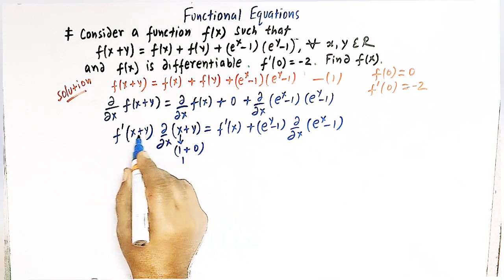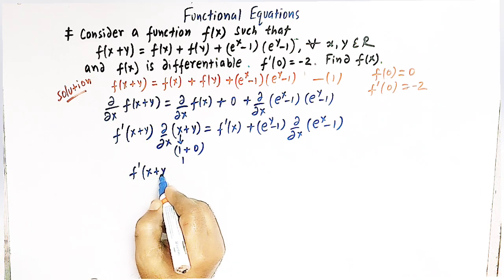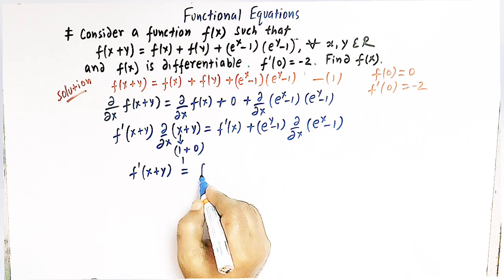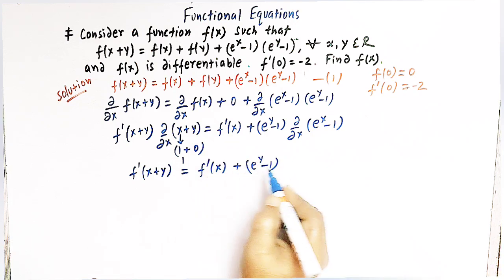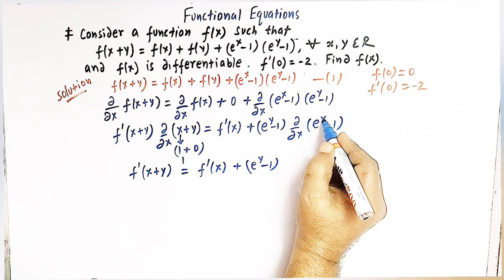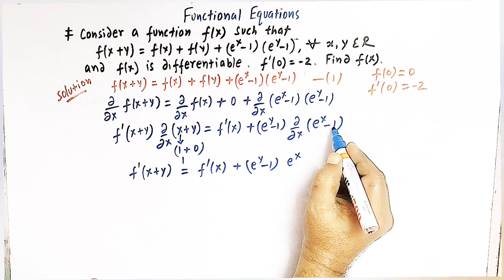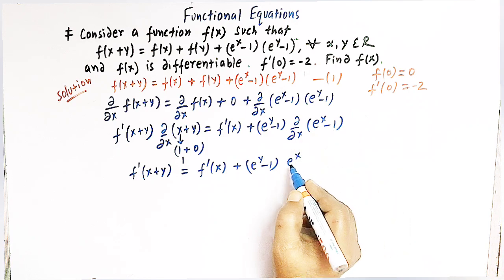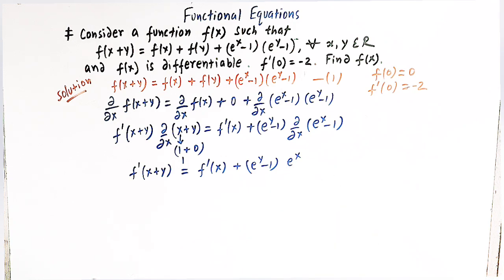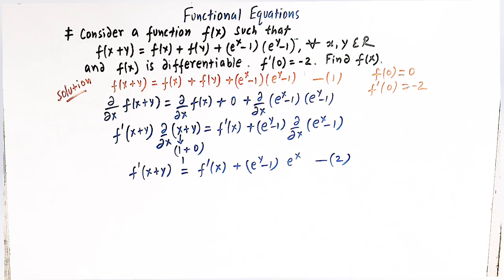So f prime of x plus y times 1 is simply f prime of x plus y, and here we have f prime of x plus e raised to y minus 1 times the derivative of e raised to x minus 1, which is e raised to x, since the derivative of 1 is 0. Let us call this equation number 2.